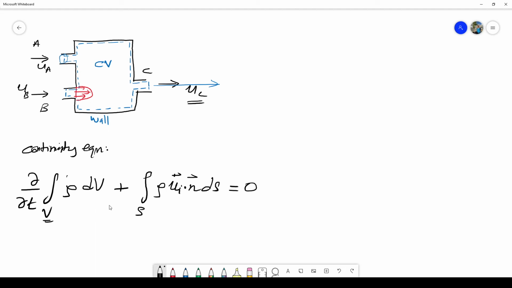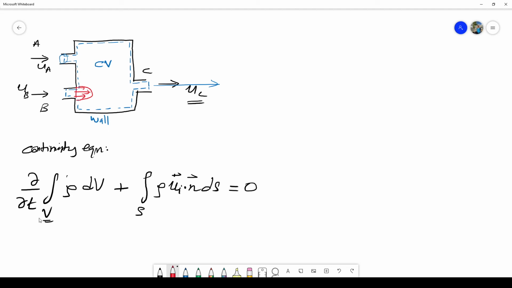But how can we use this equation to solve the problem, which is to determine the velocity leaving the control volume at C? The problem mentions that the density is constant and the flow is steady.